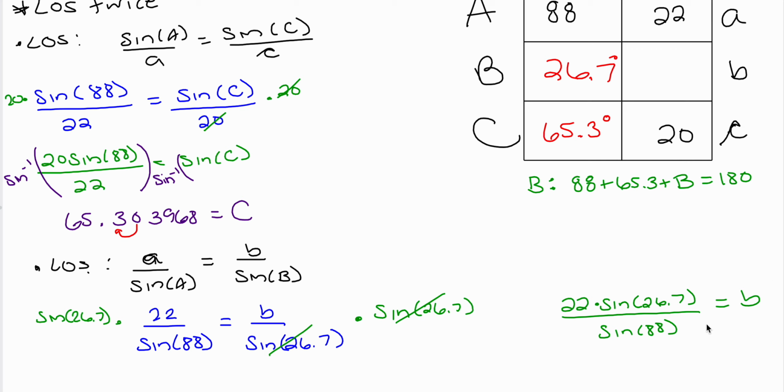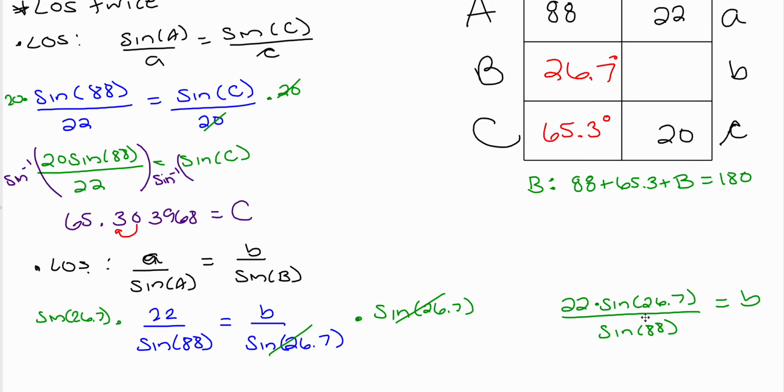So now I can just type this into my calculator. In my calculator, or Desmos, I will type in 22 times sine, and it opens a parenthesis for me automatically. Type in 26.7, and then I will close that parenthesis. I'm going to divide this by sine.